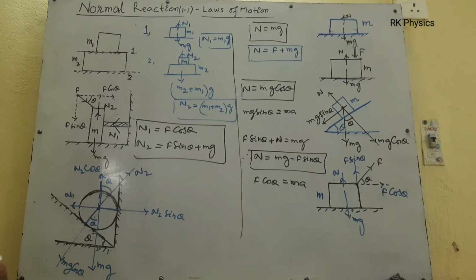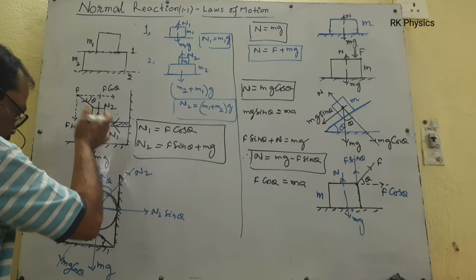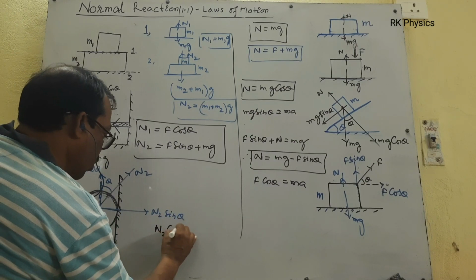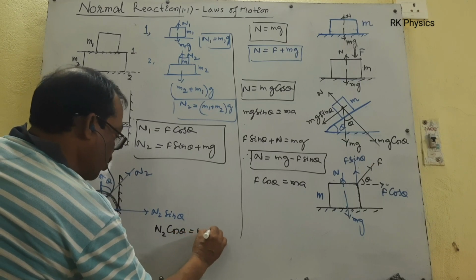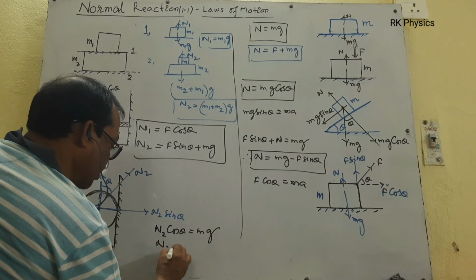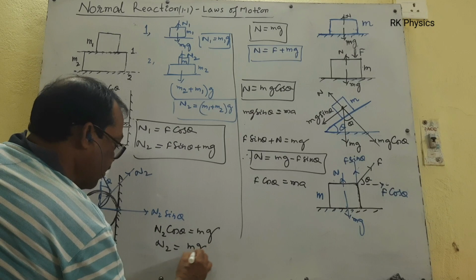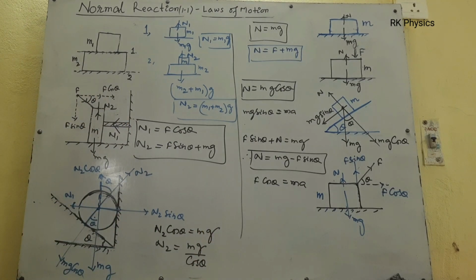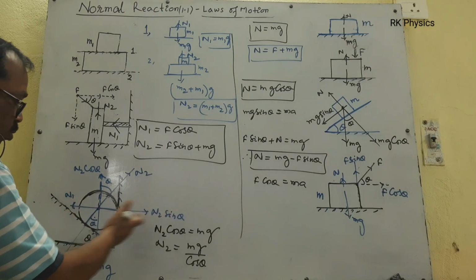If the system is in equilibrium, at rest, then net upward force equals net downward weight. That means N2 cos theta is equal to mg. So therefore, what is N2? N2 is mg divided by cos theta. Then along horizontal, again it is equilibrium.